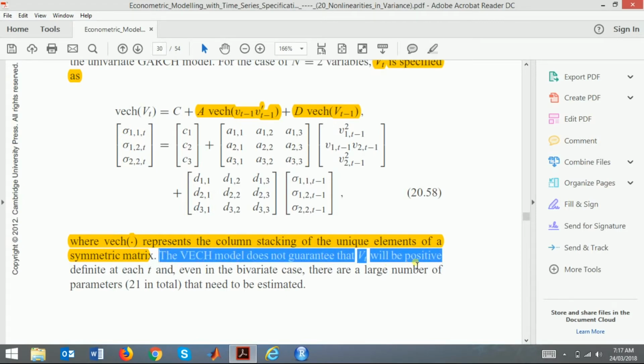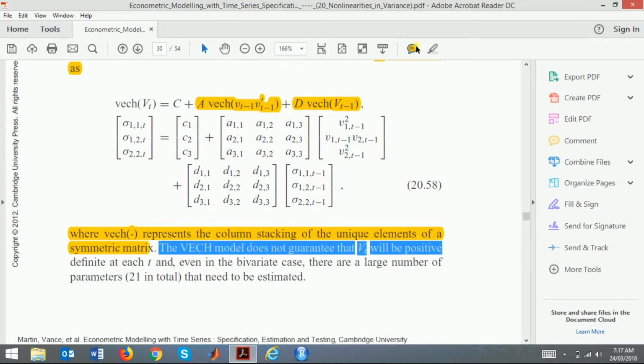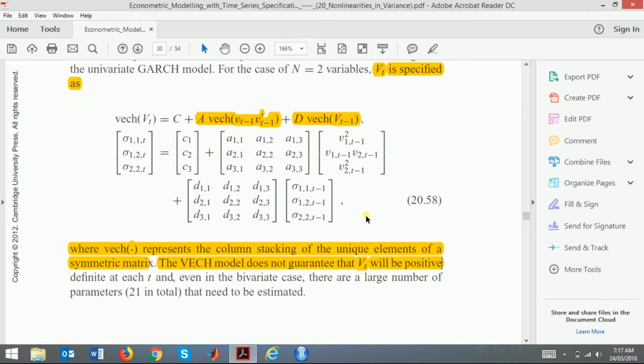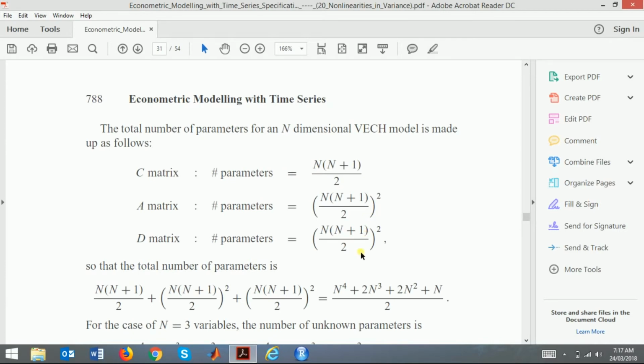It does not guarantee that the conditional variance will be positive definite, even in the bivariate case, because a large number of parameters need to be estimated. So there are 21 parameters we need to estimate. Pretty high specification. The total number of parameters for an n-dimensional VEC model is n(n+1)/2 for the C matrix, [n(n+1)/2] squared for the A matrix, and [n(n+1)/2] squared for the D matrix.